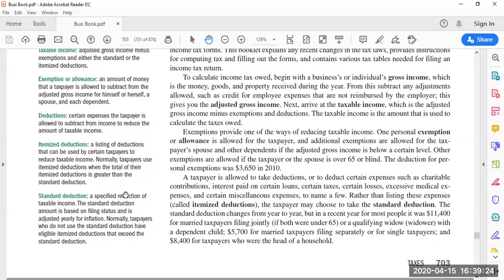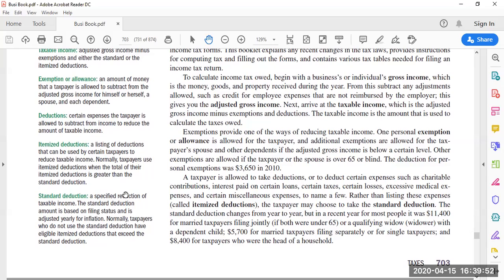Itemized deductions. Each year, the government creates its list of allowable deductions that taxpayers can use to deduct from their income taxes. Now, this is a dying breed, meaning this is being wiped away, if it has not already been wiped away from the tax code, in exchange for a standard deduction.